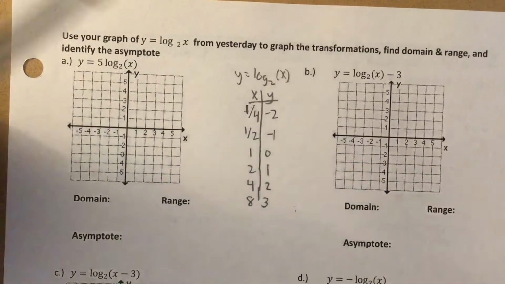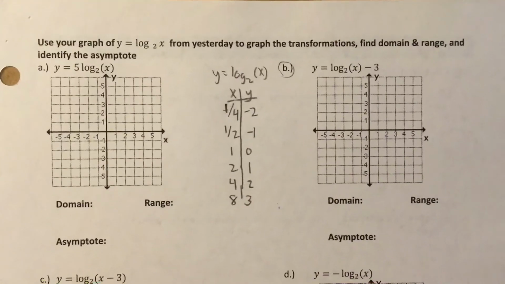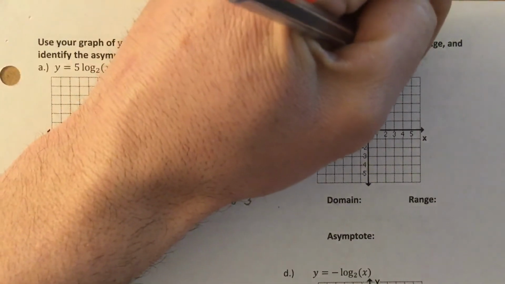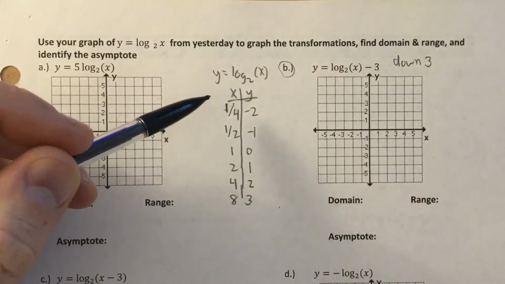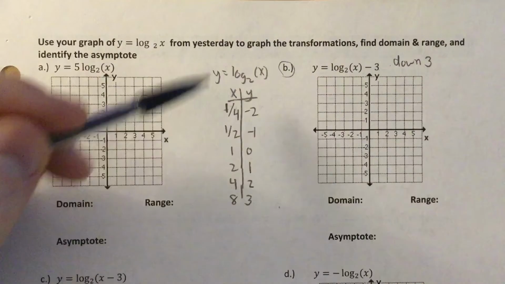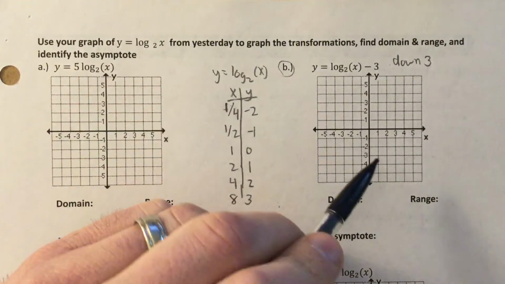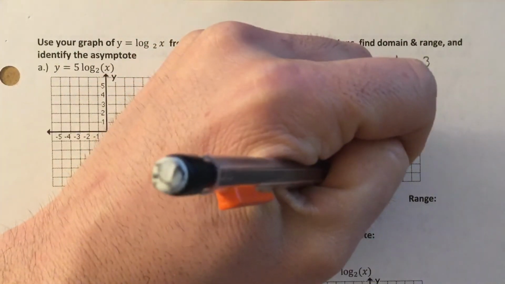All right, so let's start with B for right now. So for B, this is going to be moved down 3. So all I'm really doing is taking all of my points from this table and moving them down 3. So I had my original point at 1/4, negative 2. That's just moving down 3. So I'd be at 1/4, negative 5.